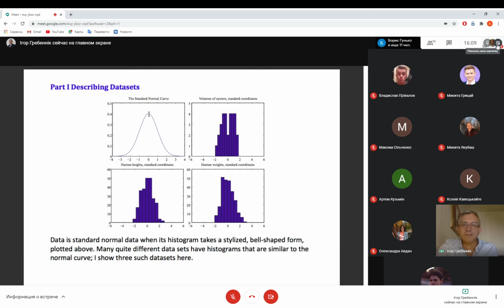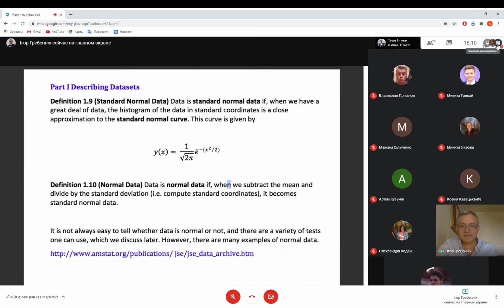For example, the peak will increase and the width will decrease for a smaller standard deviation. For a larger standard deviation, we have more tails and the peak of this curve decreases, but the curve will be a normal curve as well, but with other values of parameters. We will consider these questions in the theory of probabilities.